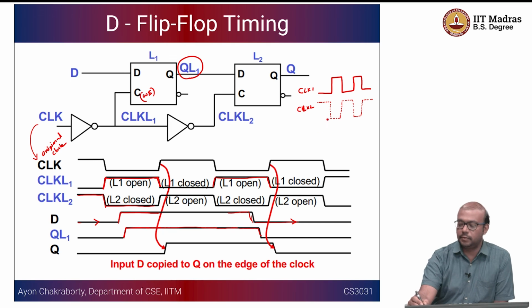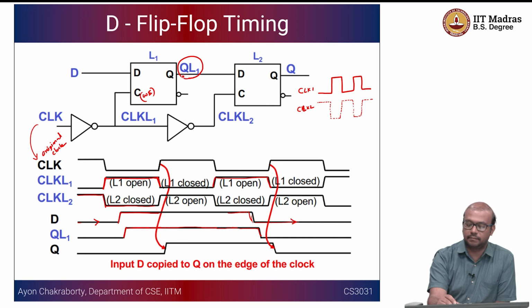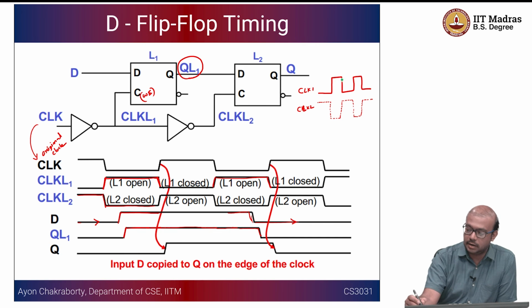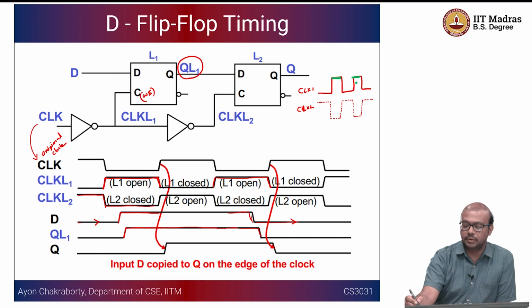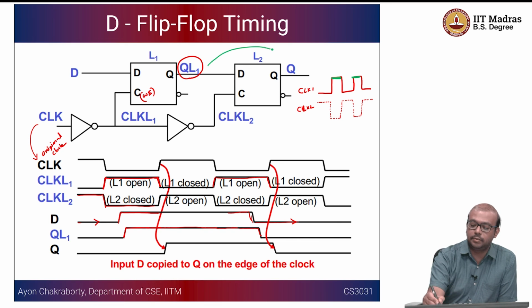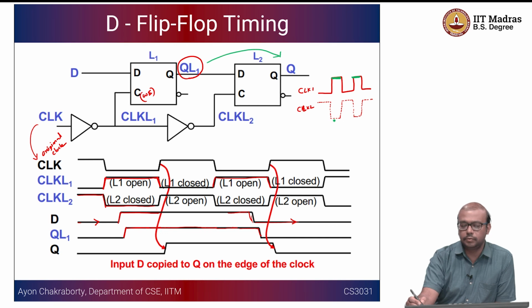I am giving the value of QL1 at the high level of the clock. For latch 1, there is no data at this part. Only whenever the clock is high does the data reside. So QL1 is active, but QL1 is only copied to Q whenever the value of clock 2 is also high. Otherwise it is not copied.